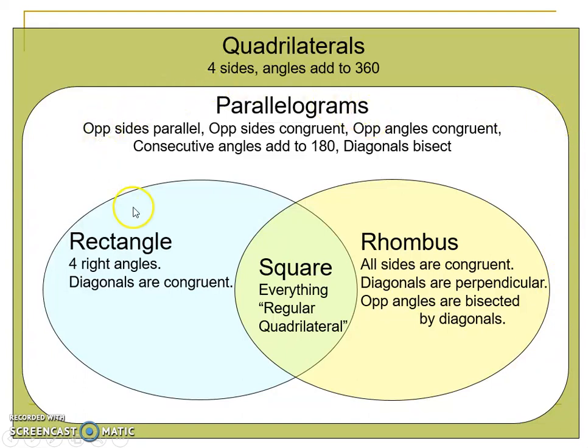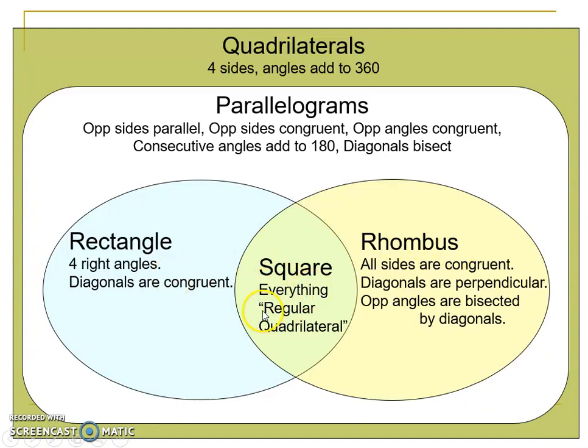Inside the parallelogram family, you have a rectangle, which has 4 right angles and congruent diagonals. You have a rhombus: all sides are congruent, diagonals are perpendicular, opposite angles are bisected by diagonals. And then in the middle, you have a square. This is what they have in common.